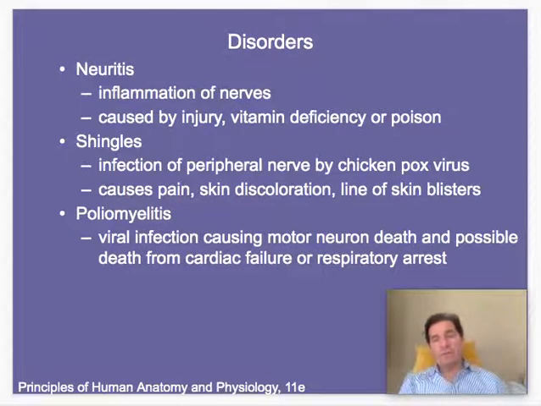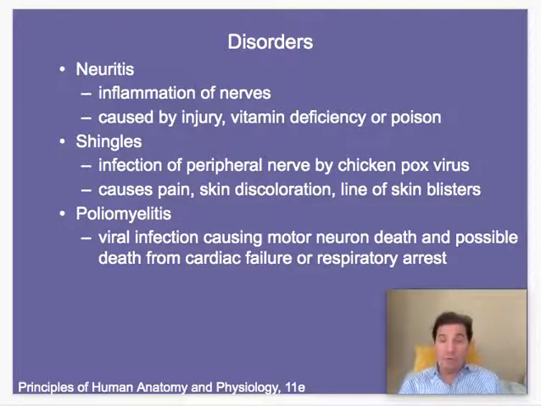One of the things we see a lot of times with the spinal nerves is neuritis, which is an inflammation of the nerves, which could be related to injury, poisons, or vitamin deficiencies. We can have shingles, no, not the ones on your roof, the ones you get from chickenpox the second time as an adult.